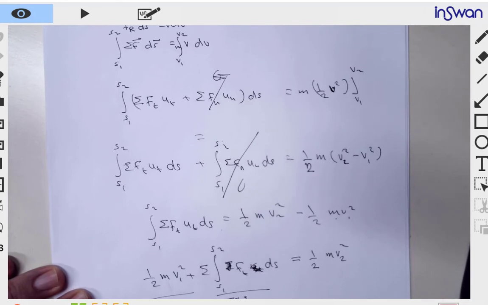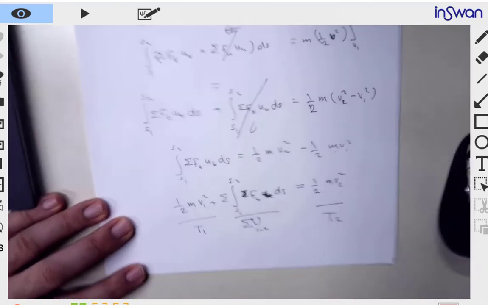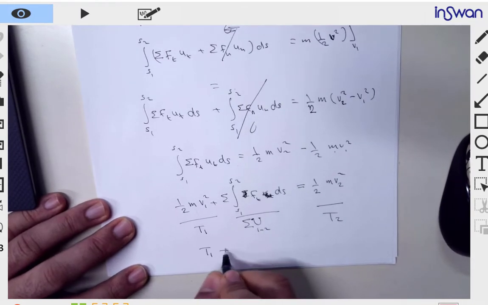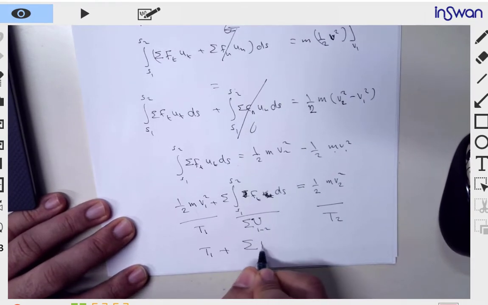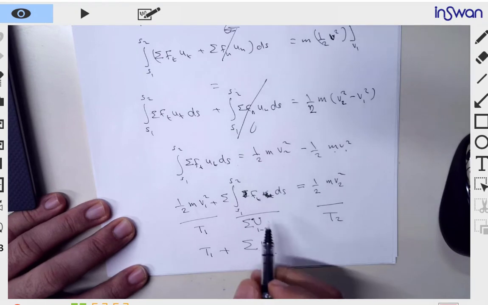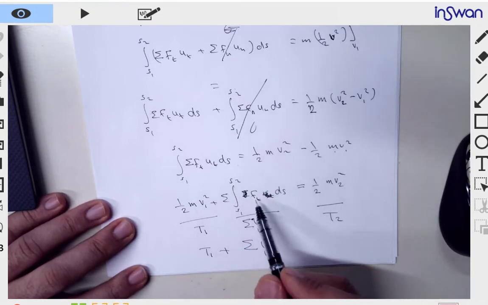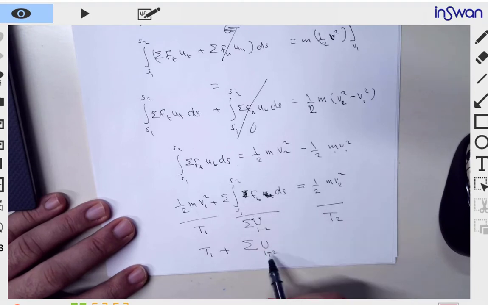Summation of all the energies as it's going from 1 to 2, and I'm going to call this T2. So I can summarize this as T1 plus all the work done by forces that cause the particle to move from 1 to 2 equal to T2.